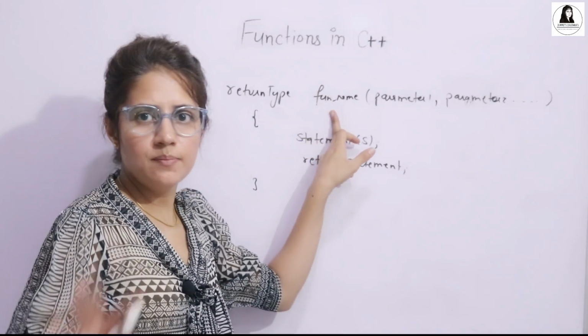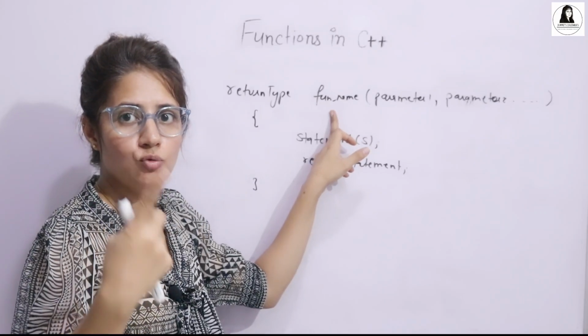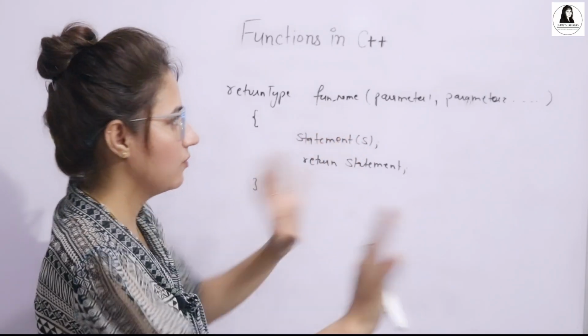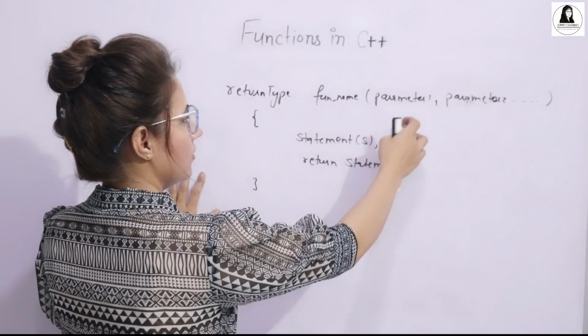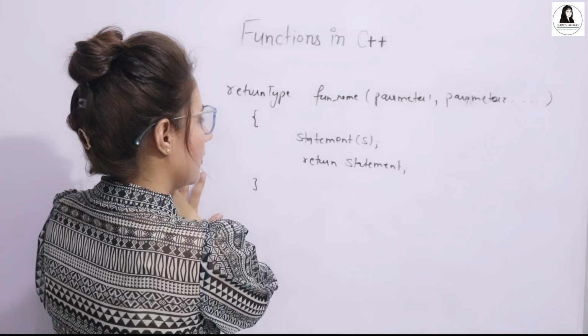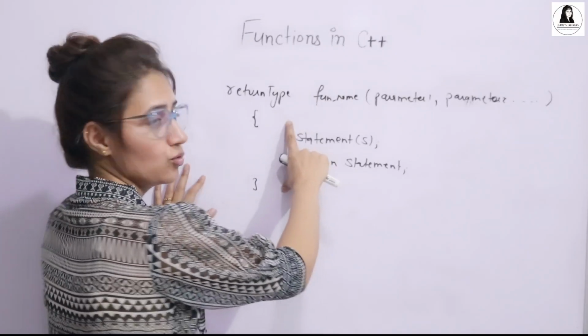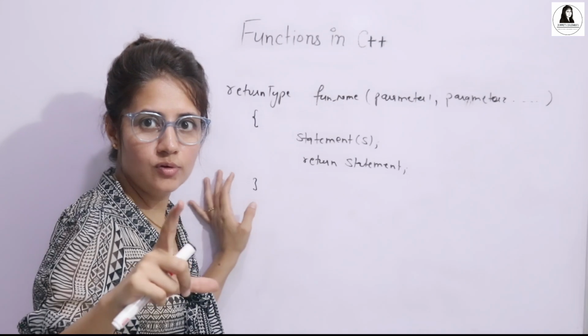For a function name, the same rules for naming a variable are to be applied to name a function, right? And I told you these are the variables that we pass in the functions, right? And this is the actual code, what this function is going to do. So a function is like a piece of code.